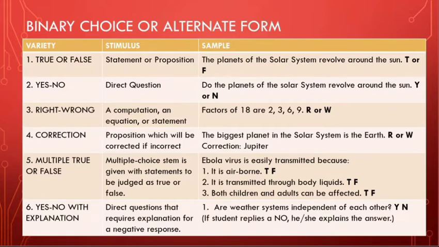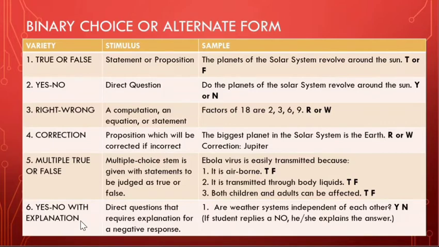So here you have three items serving as options for the sample item, Ebola virus is easily transmitted because. One by one, they have to identify whether each alternative is true or false. This is still classified under binary choice because it's a multiple true or false.